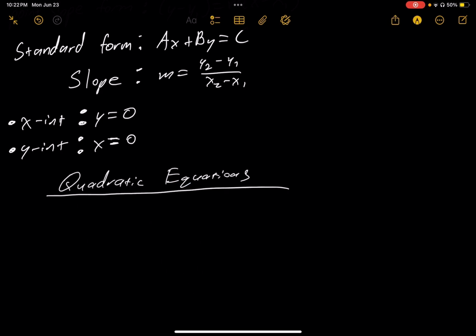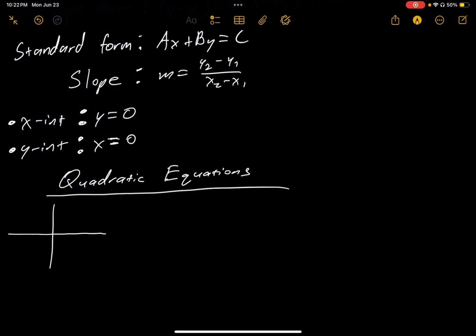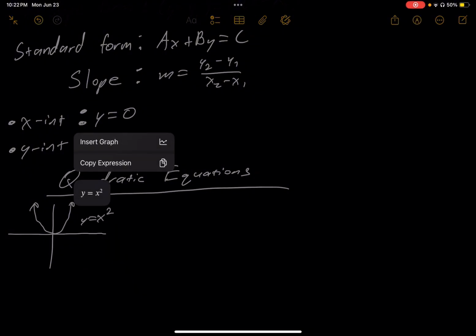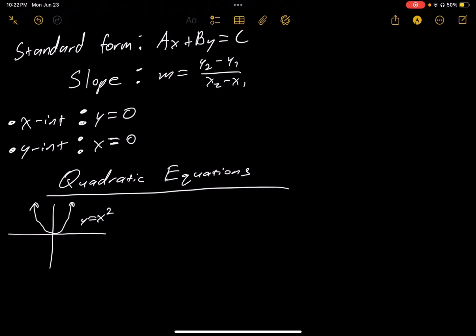And remember, a quadratic usually looks a little something like this, and that would be y equals x squared as an example of a quadratic equation. But ignoring that, we're going to look at some formulas that you must know. And the first is the quadratic equation.